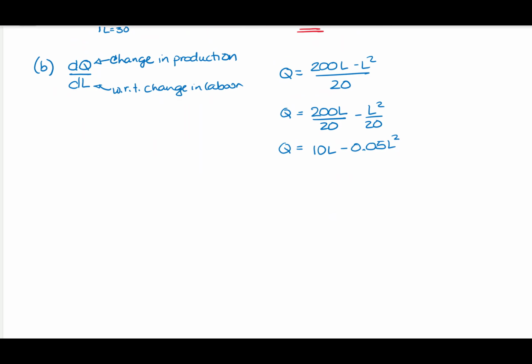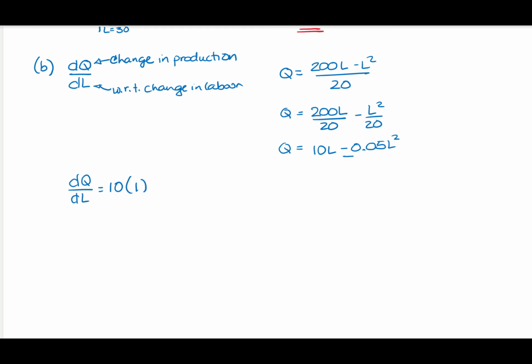Now what I'm looking for is my derivative dQ by dL, and my function for Q is already in terms of L. So I've got this laid out for me in a pretty ideal form. I'm going to do the derivative of my first term here. 10 is the coefficient. It just goes along for the ride. And then I do the derivative of L to the power of 1, which is 1.